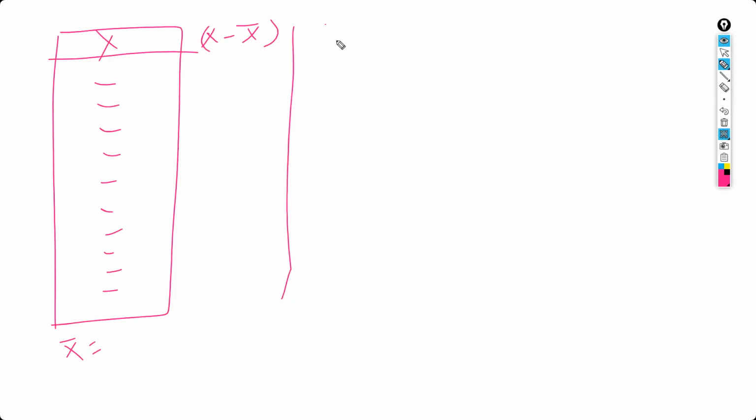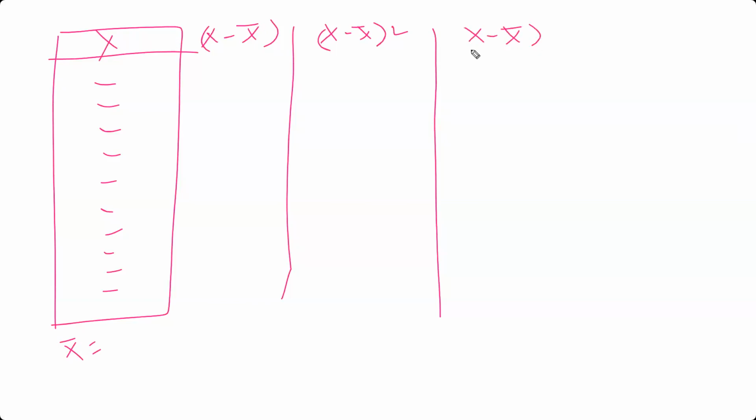After that you calculate x minus x bar whole square, followed by x minus x bar whole cube also. In total, 3 of them you have to calculate.